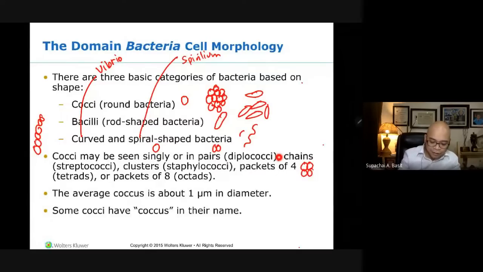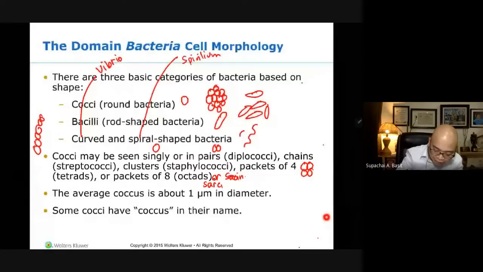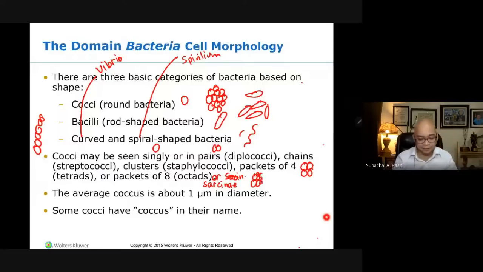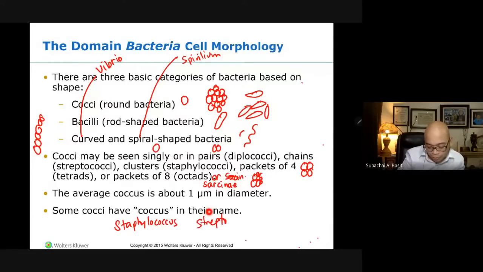Or a packet of 8 or octads, sometimes called sarcinae, the cubical packet of 8. The average coccus is about 1 micron in diameter. Some cocci have coccus in their name, for example Staphylococcus or Streptococcus. Okay.